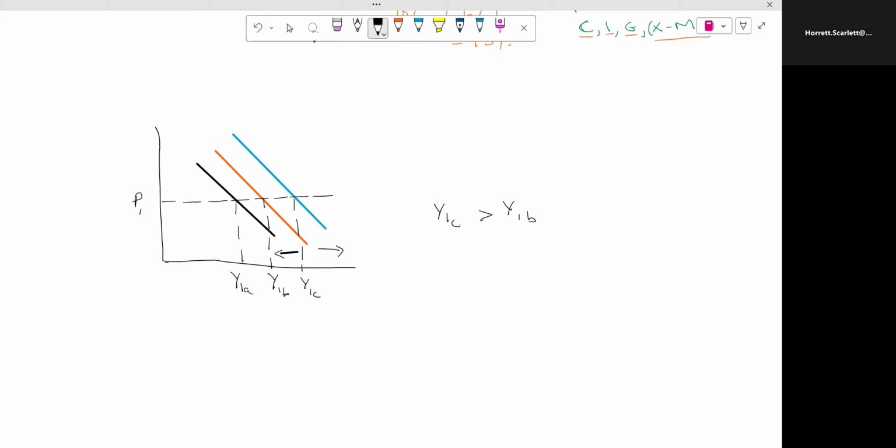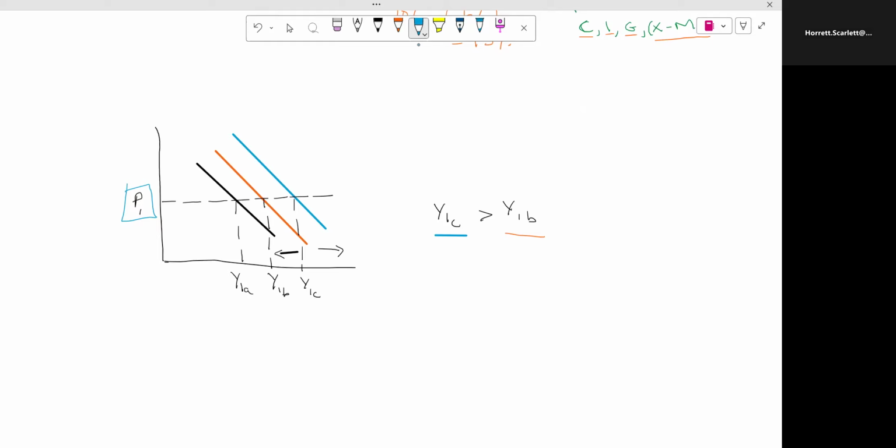Remember, we are using the orange line as our frame of reference. So this is our reference point. This is what would happen if it shifts to the right. And we are seeing, therefore, that at this price level, the same price level P, we are generating more in terms of the demand than for the orange line.